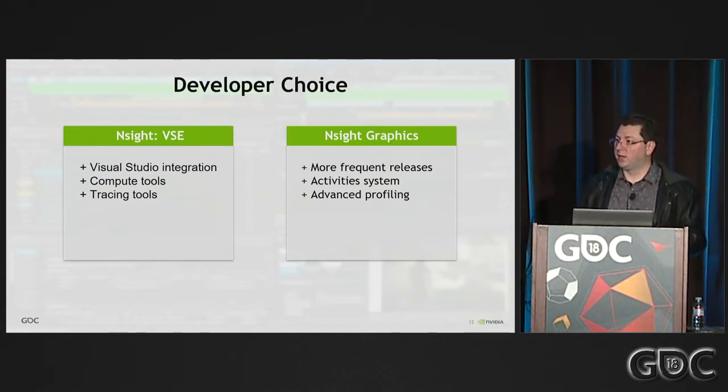Activity system, which is effectively a plugin system that allows you to define a workflow. Are you going to be doing debugging, profiling, GPU tracing? And then advanced profiling. GPU trace is an incredibly powerful way to understand your scene's performance and have actionable data that you can actually take and use to improve your game's performance, and ultimately to allow you to have even higher fidelity scenes.